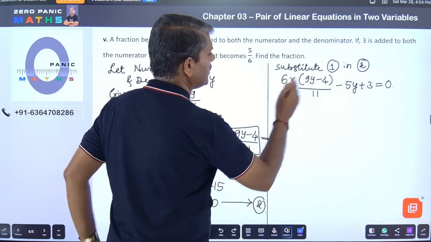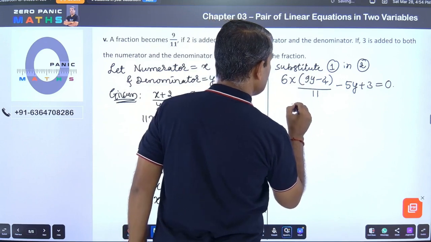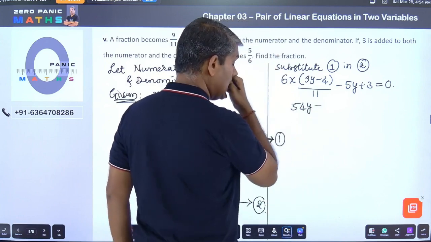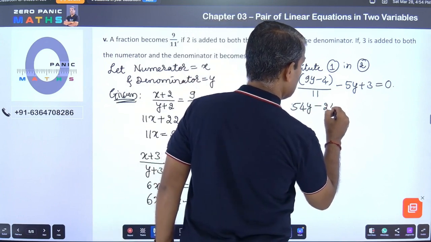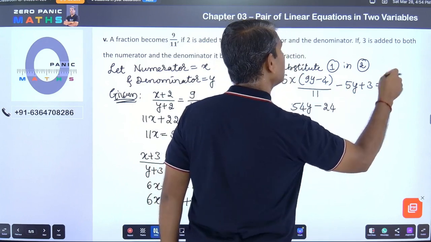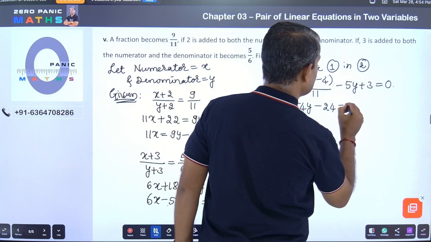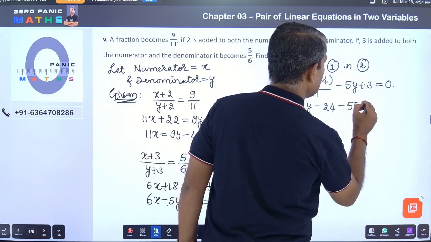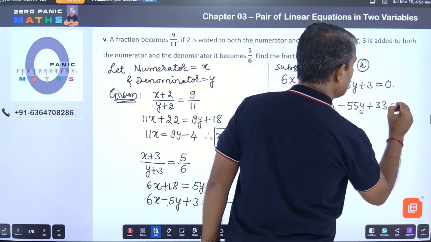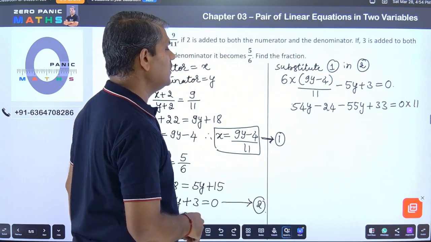Now let us multiply. 6 9s are 54y. 6 4s are 24. I'm taking the cross multiplication and taking 11 to that side, so the right side will become 0. 11 5s are 55y, plus 11 3s are 33, and this is equal to 0 into 11, which will obviously become 0.